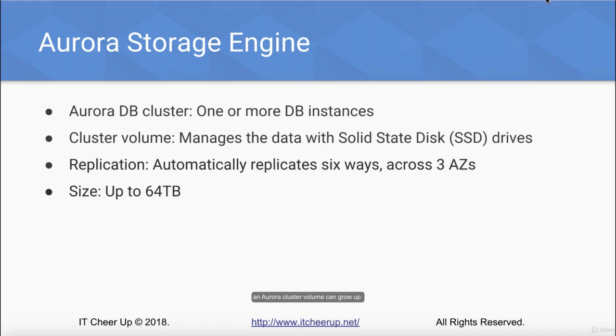Even though an Aurora cluster volume can grow up to 64 terabytes, you are only charged for the space that you are using in the Aurora cluster volume. Because Aurora automatically performs continuous backups, an Aurora cluster does not require extensive planning or downtime for performing backups.